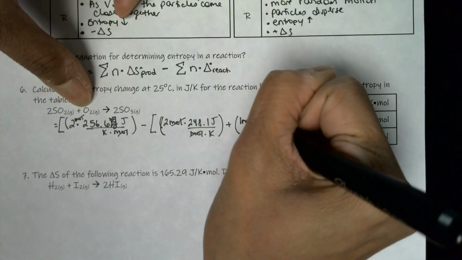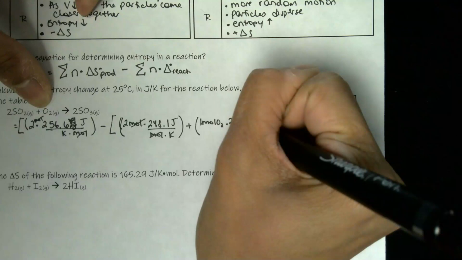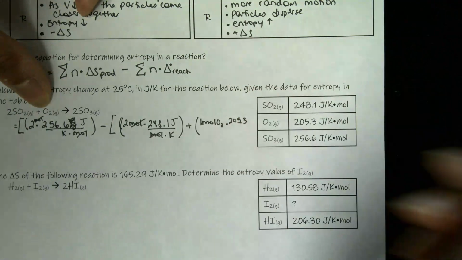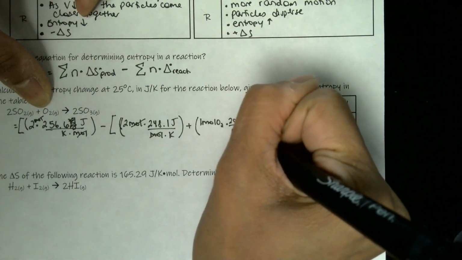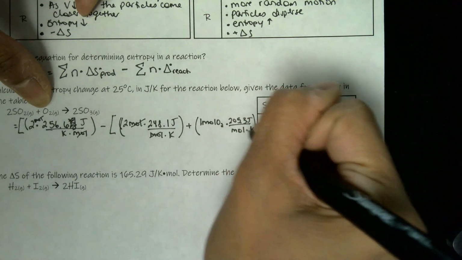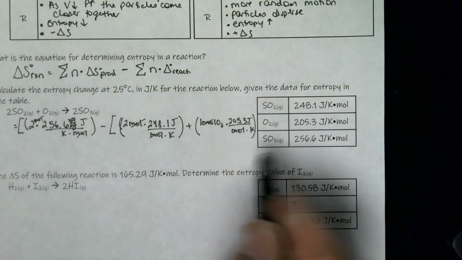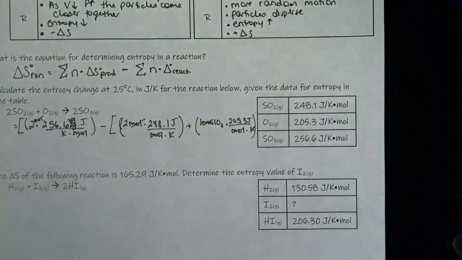There's 1 mole of oxygen times 205.3 joules over moles times Kelvin. Moles cancel. And then you're left with joules and Kelvin for the rest of these.